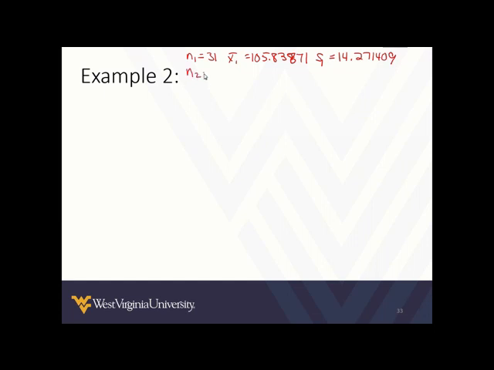Our sample 2 has a sample size of 47, a sample mean of 110.95745, and a sample standard deviation of 12.120693. We were also told that our alpha was at the 10% level. And since this is the two-sided test, we do need to know that alpha over 2 is 0.05.